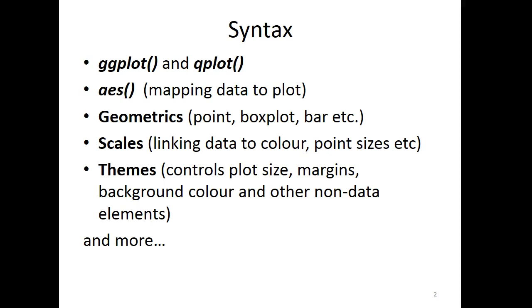Another class of layers are the scales that link the data to various aspects of the output, color, point sizes, etc., and also let you change the axis and other things. You then have themes, which control aspects of the output that are not directly data connected, such as the plot size, the margins, the background color, and you have a lot more layers as well.